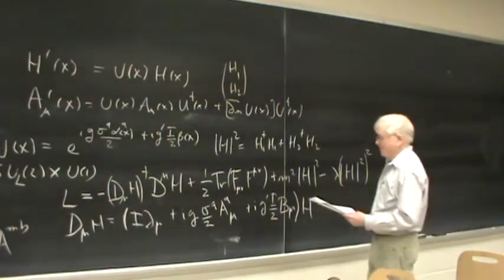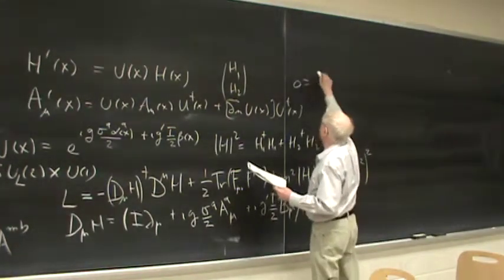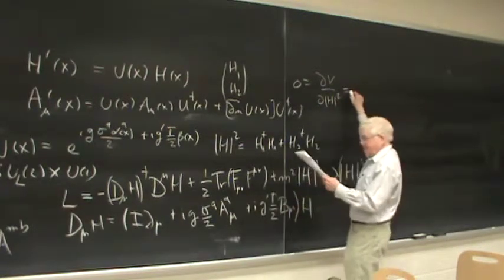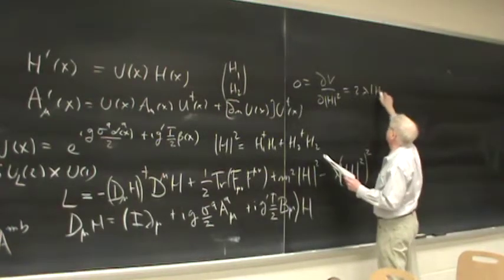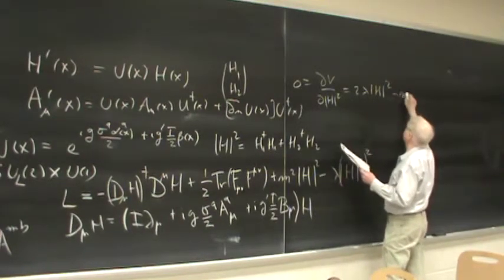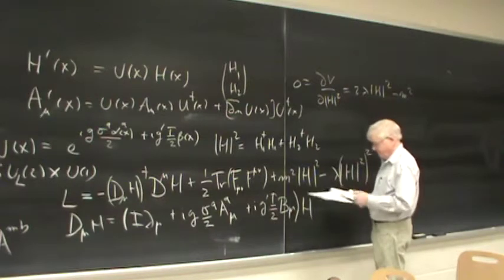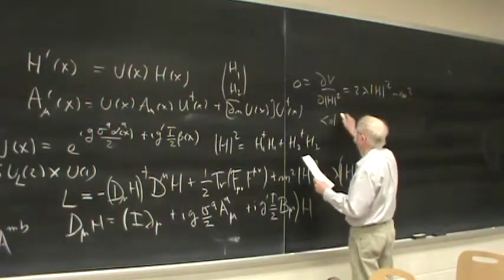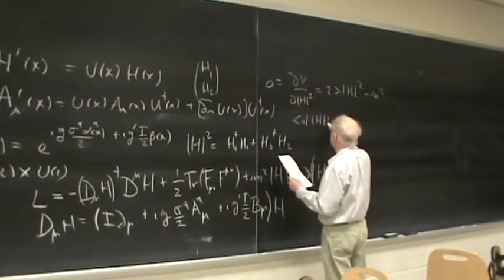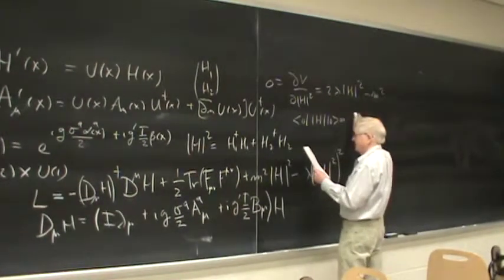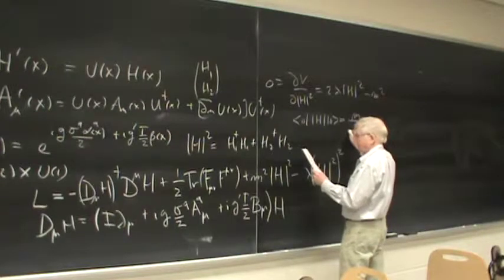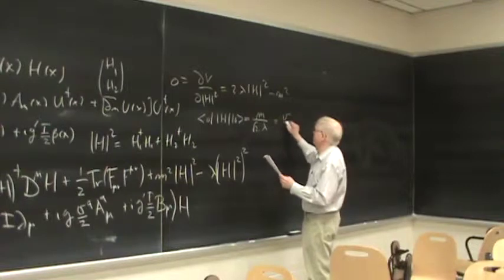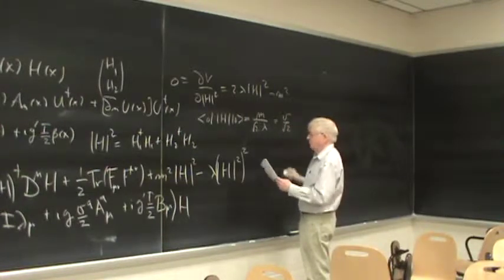Okay, so what's the minimum of the Higgs potential? It's 0. It's at partial V by partial H squared, and this is equal to 2 lambda H squared minus m squared, and so in the ground state, the absolute value of H has to vibrate around this ratio, which we call v over root 2.